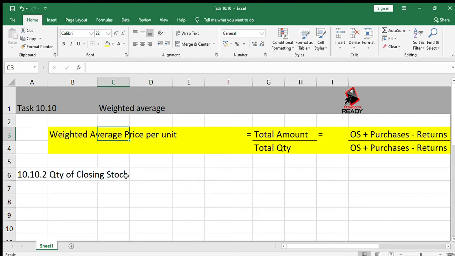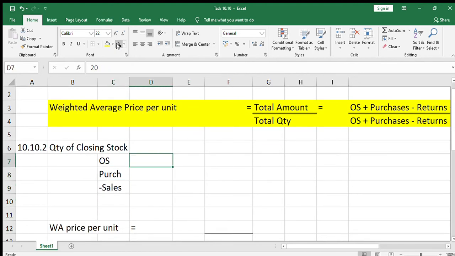So we're doing 10.10.2. We first have to calculate the quantity of closing stock, as that has not been given in the question. Remember, in order to calculate the quantity of closing stock, we use the same calculation that we've done for specific identification and also for FIFO. So we start with the quantity of opening stock, which is 20 units. To that, we add the quantity of purchases, 130 units.